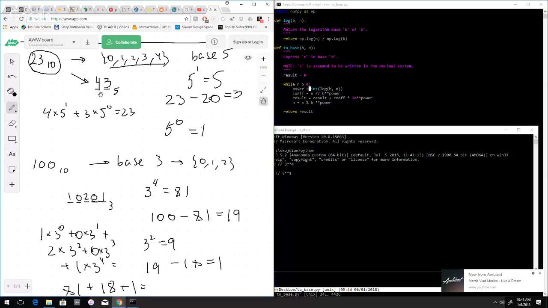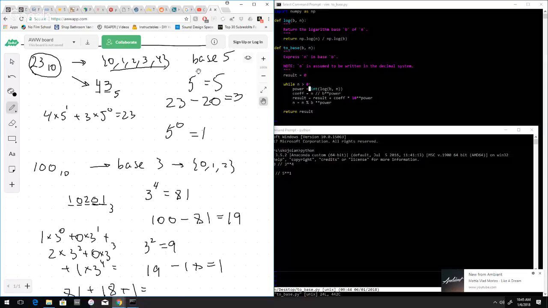Notice where I put the 4, because I learned that 5 to the 1st power was the highest power, and so I had put a placeholder for the 0 and then put the 4 in the 1st place. How do I do that in the code? How do I figure out exactly where the 4 should go? Well, notice that when I've learned what the power is, in this case 1, the largest power, I've essentially put that digit 4 into the first bucket, counting starting from 0 from the right.